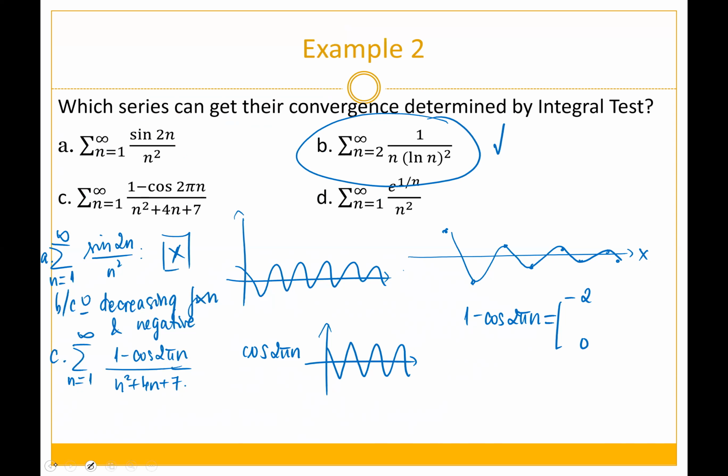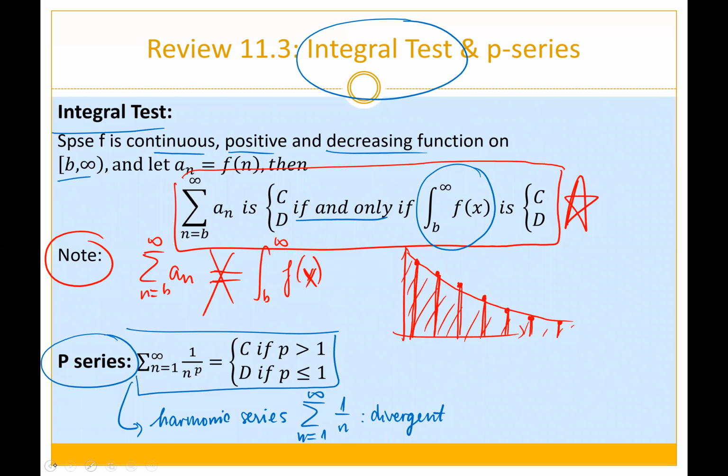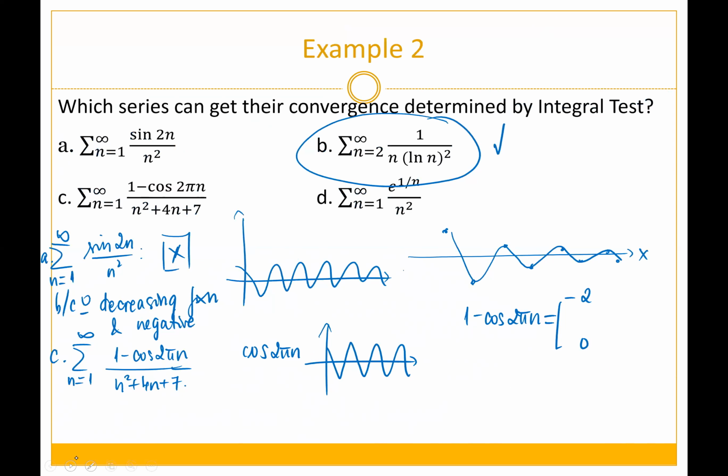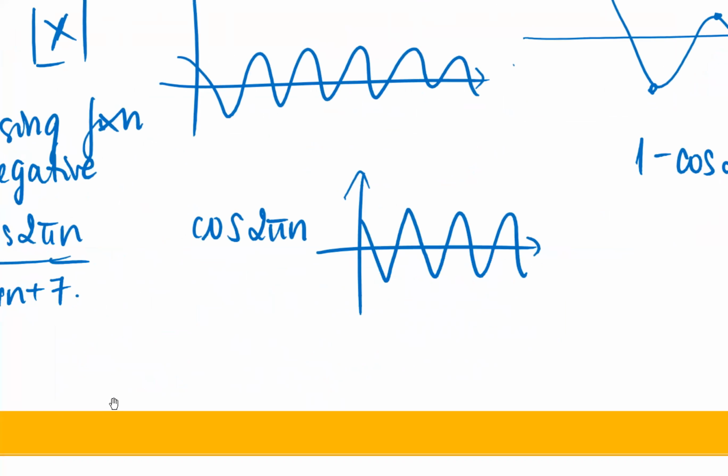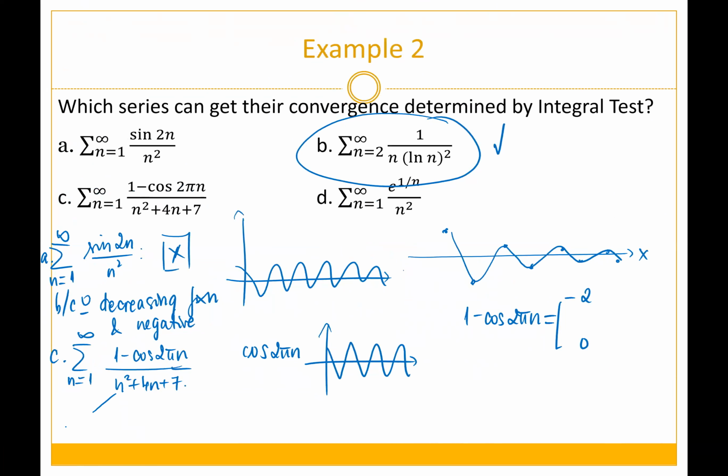Actually, let's look at the functions again. f is a decreasing function. Yeah, 2 or 0. So you're going to have half of the values.